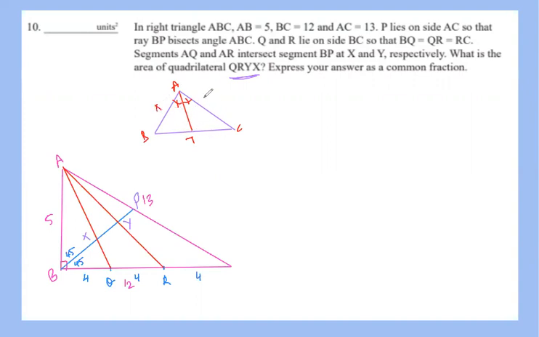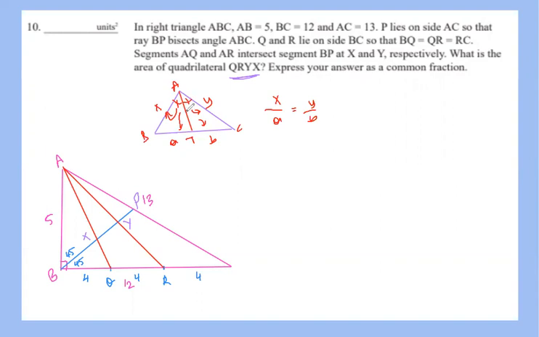And we have a really nice relation: the side next to this angle, divided by the side opposite, equals the same thing on the other part. This is called the angle bisector theorem. We are going to use this one.